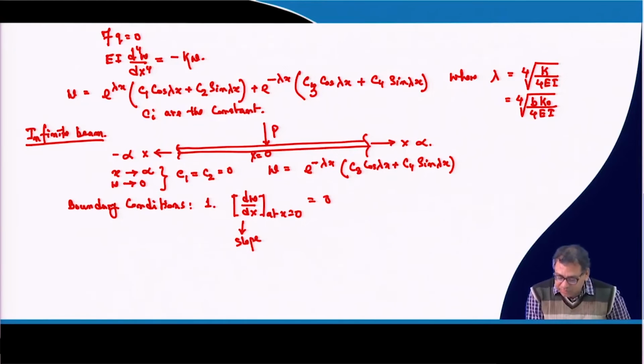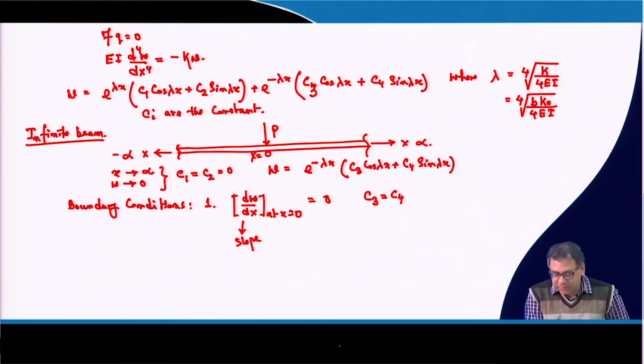Now if I make dw/dx, differentiate this equation and put x equal to 0, then I will get C3 is equal to C4.